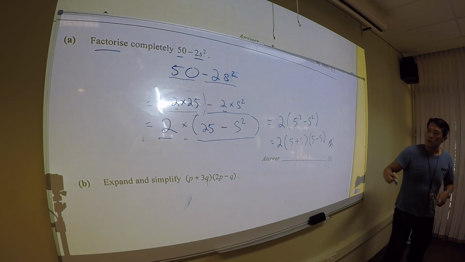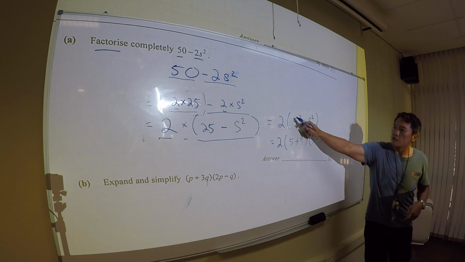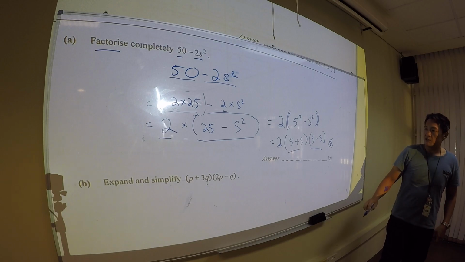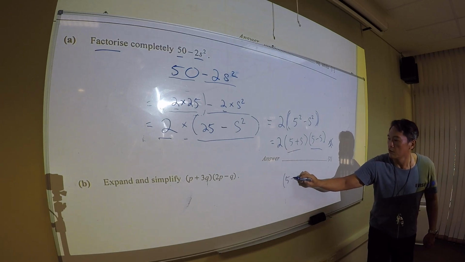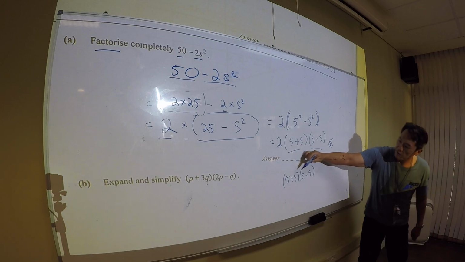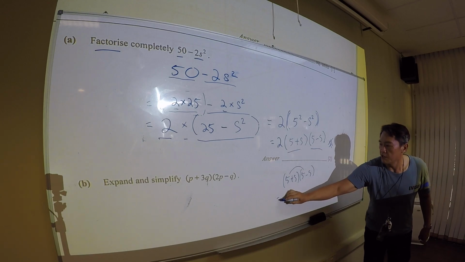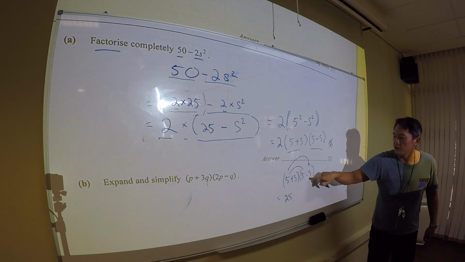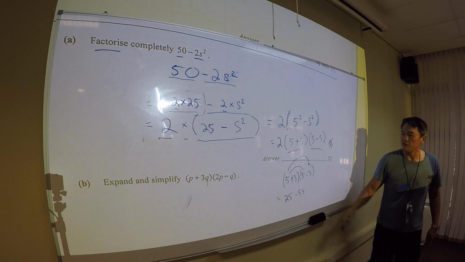Okay. If we go a bit more, why does this bracket equal these two brackets? It is because if we were to expand this out, front times front will give me 25. Front times back, positive times negative, negative.